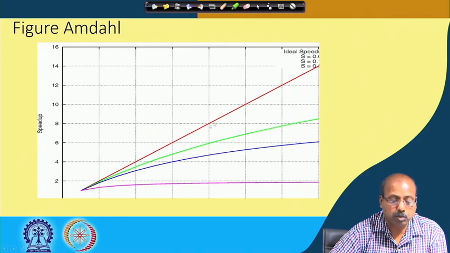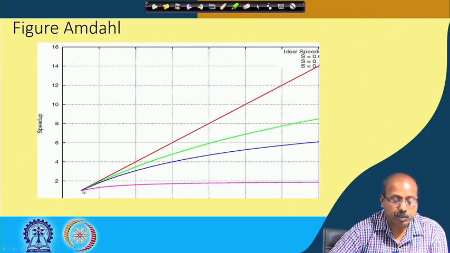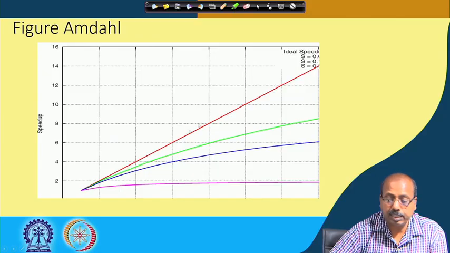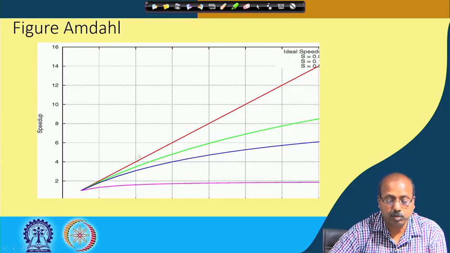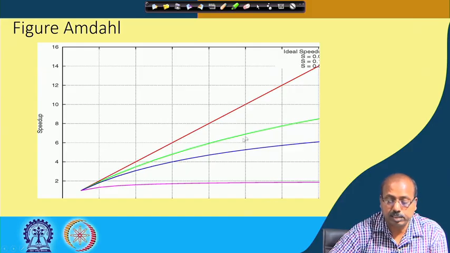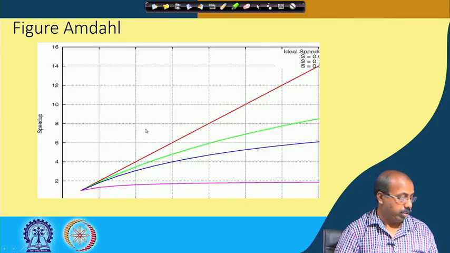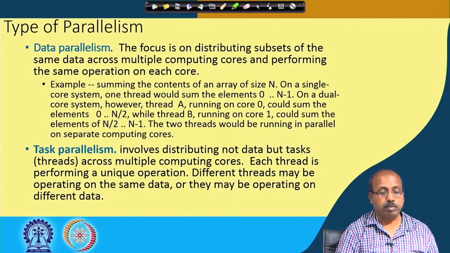On the other hand, as the sequential portion increases, the speed up starts decreasing. As you go down, the sequential portion is more, and as a result the improvement becomes poor. That is the graphical interpretation of Amdahl's law.